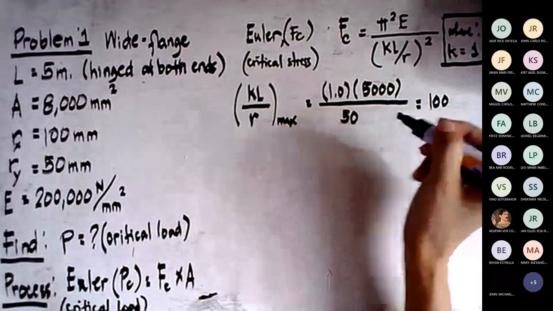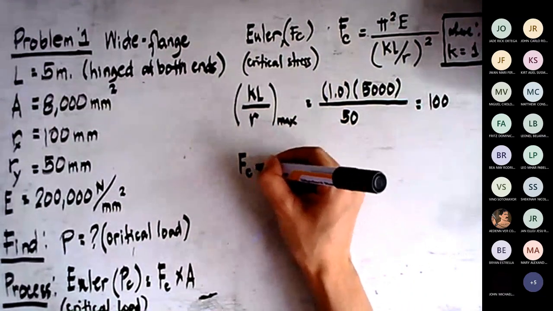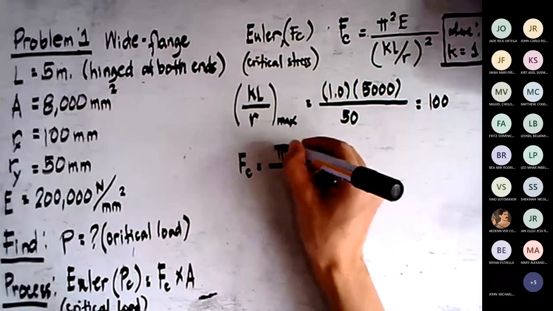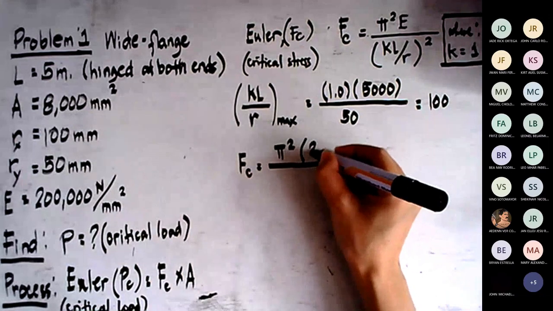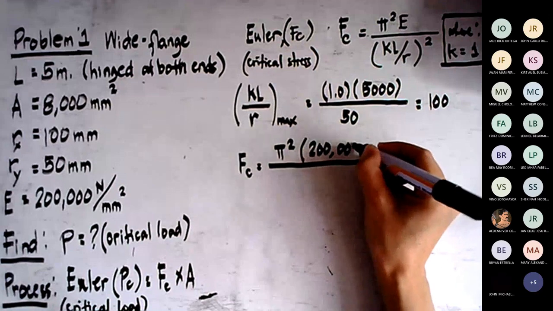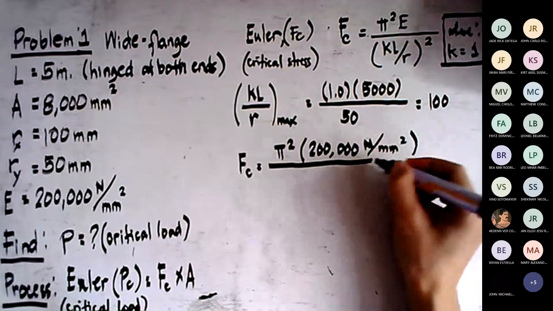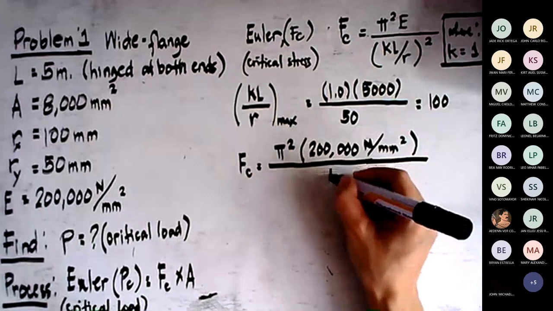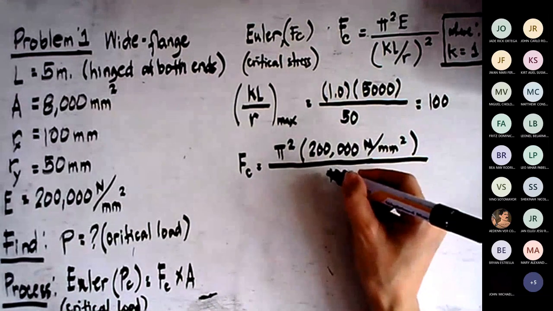Okay. So using the formula for the critical stress, F sub C is equal to pi squared. According to the problem, the modulus of elasticity is also given, 200,000 Newton per millimeter squared, all over KL over R, which is 100 squared.